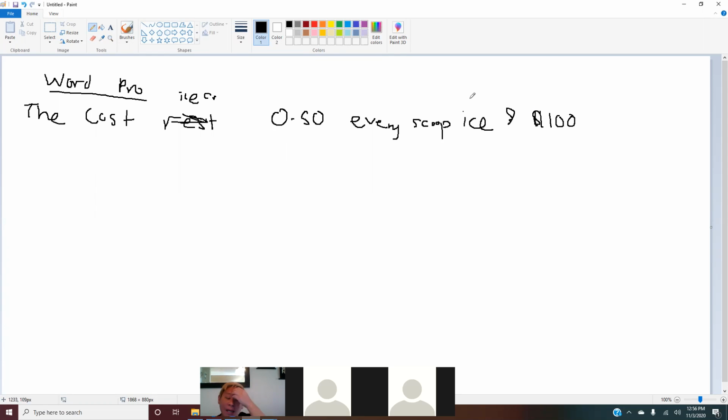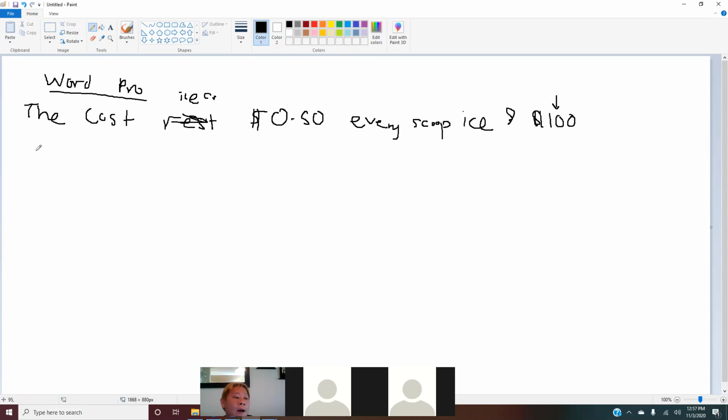So the cost for this ice cream place, if you want to open it, is 50 cents per scoop. That means it costs you 50 cents to make that ice cream. And this $100 is also a cost. Let's say you have to pay the rent for the building, hire someone else to scoop ice cream, and pay the bills, the electric and the gas. So let's say it costs $100 a day.